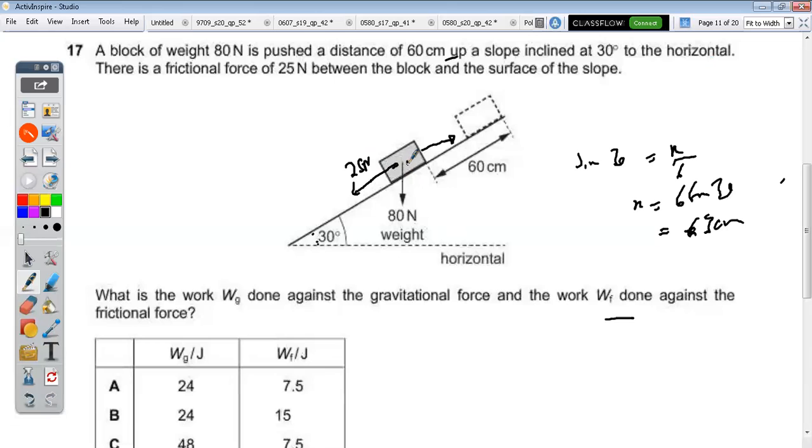But we said we were supposed to bring it in this direction so that it's at 90 degrees to that. That's why I was thinking of 30 degrees here. Wait a minute. Okay, I get it now. So you're saying this is 25 newtons.